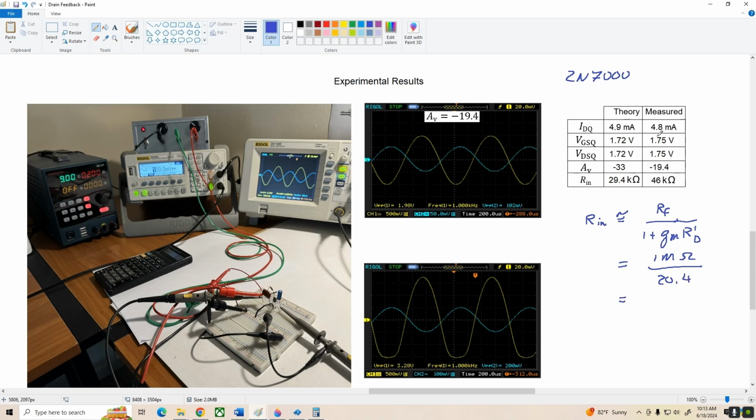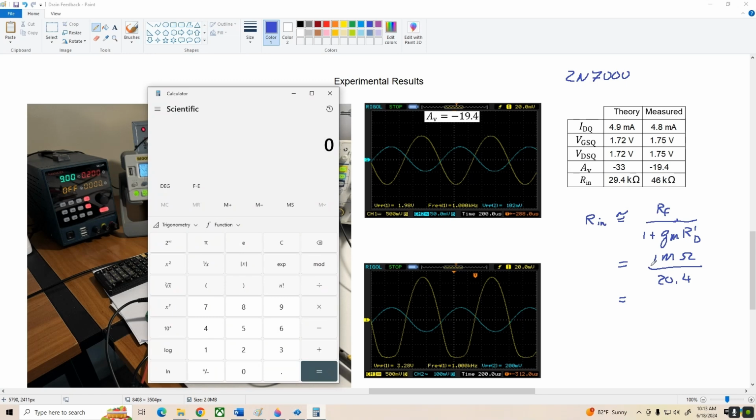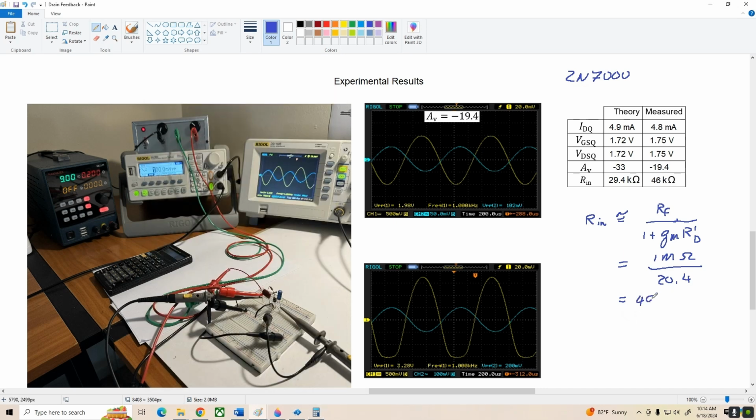So our measured Rin based on this voltage gain is 1 million divided by 20.4, which gives us about 49,000 ohms. All right, and that's in much closer agreement with the measured value. That's what I would expect based on using the actual voltage gain. So that explains the discrepancy.